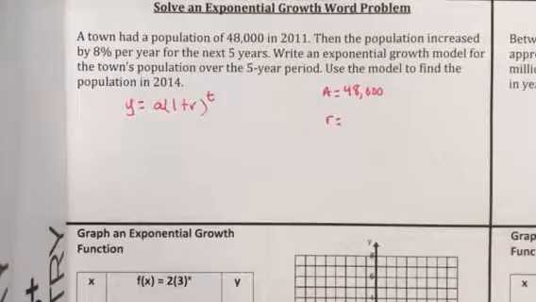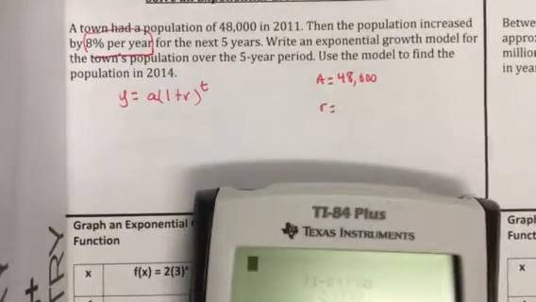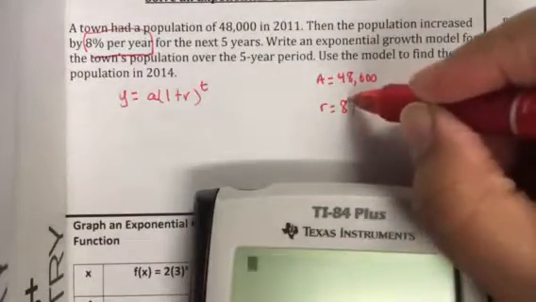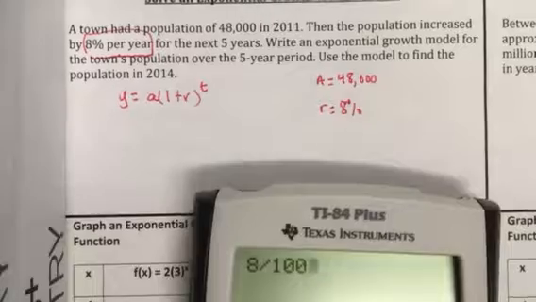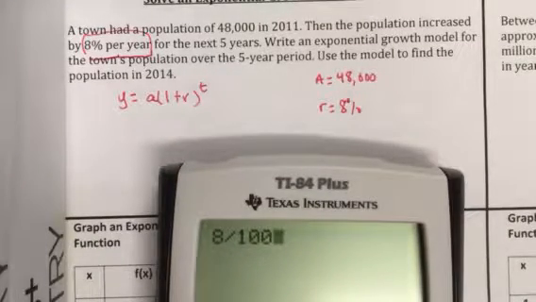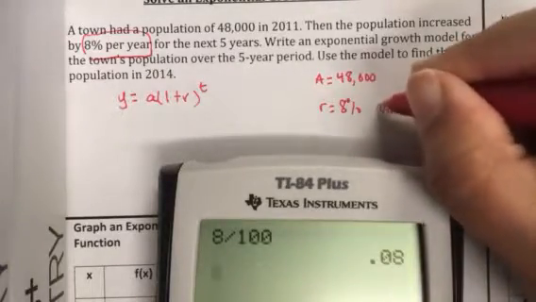On this particular problem, it tells us that the percent is 8 per year. 8% in decimal form, you take the 8 and divide it by 100. Some of y'all just know to move the decimal 2 places to the left.